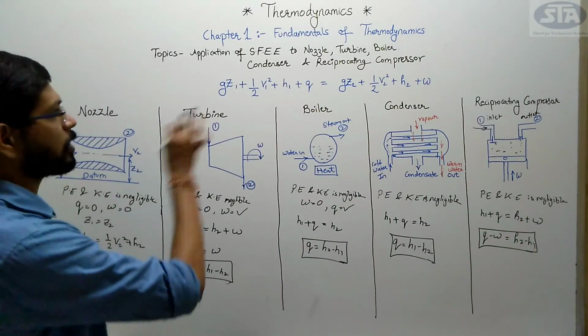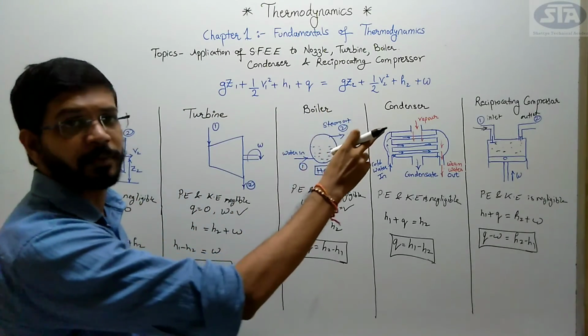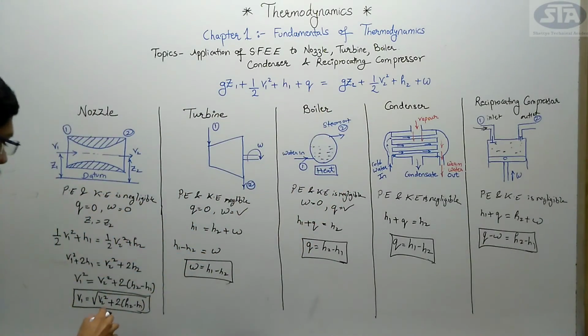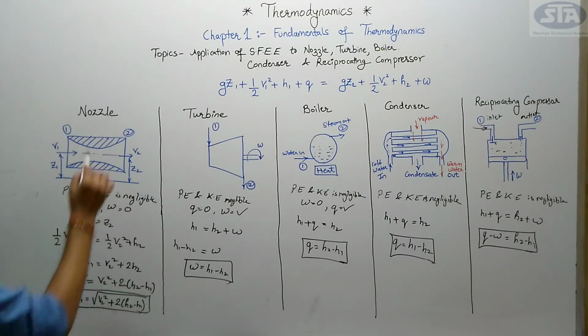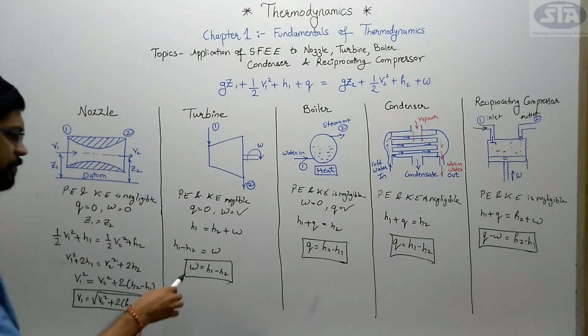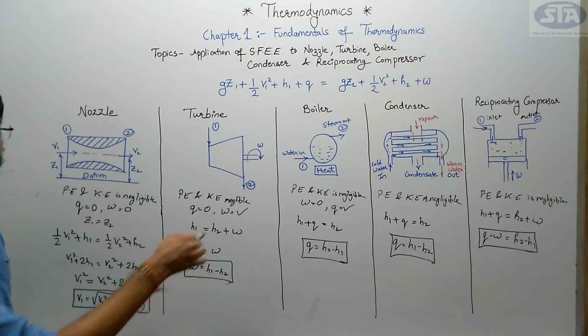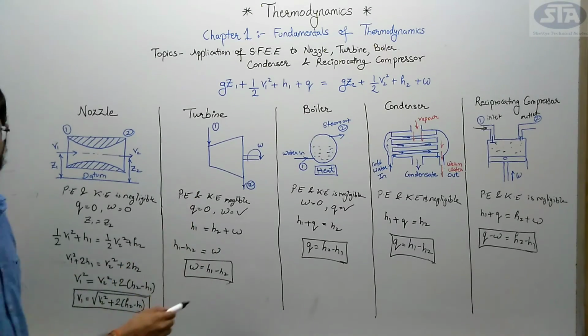Hope you are clear with all these applications, that is nozzle, turbine, boiler, condenser and reciprocating compressor. You need to remember these formulas. For the nozzle, it is V1 equals under root of V2 square plus 2 into H2 minus H1. For the turbine, work done equals change in enthalpy, that is H1 minus H2.